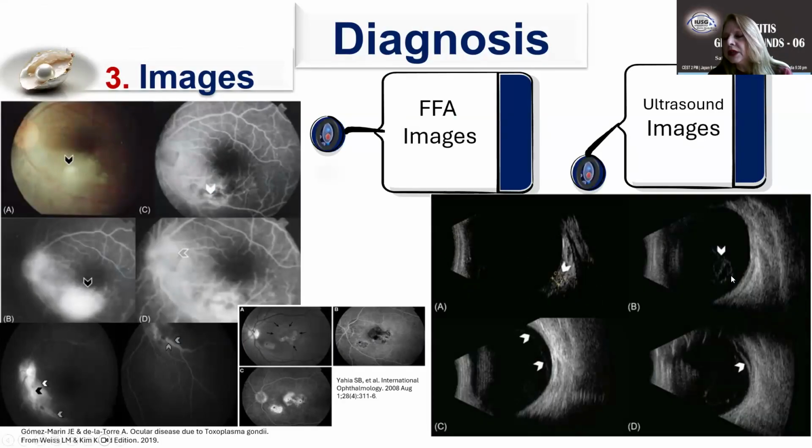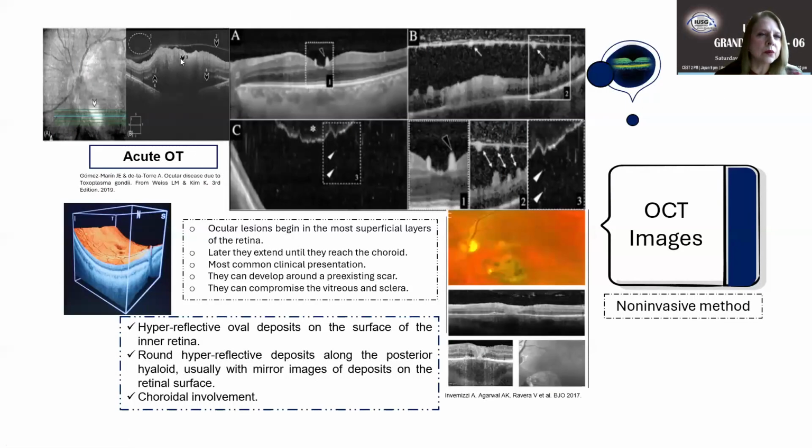It's important to know what is going on in the posterior pole. Ultrasound images are useful. OCT images are also a clue, and as you can see here, we can observe the complete alteration in all the layers of the retina, and also the compromise of the choroid.